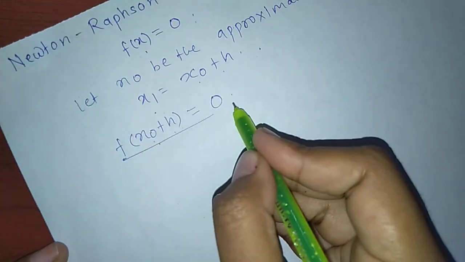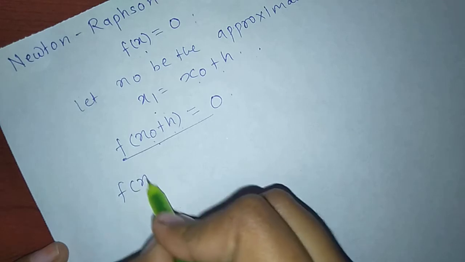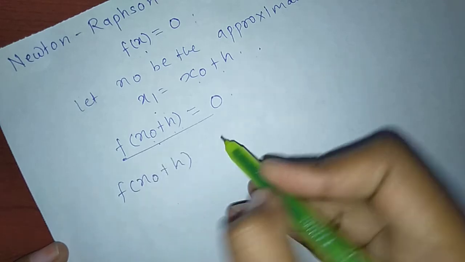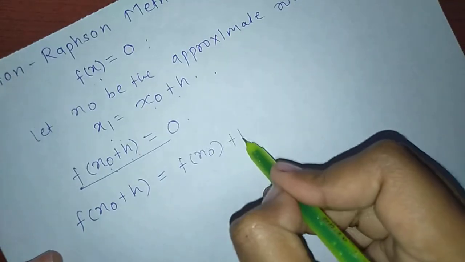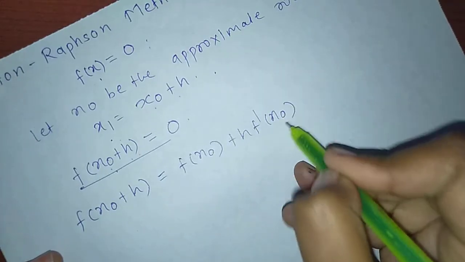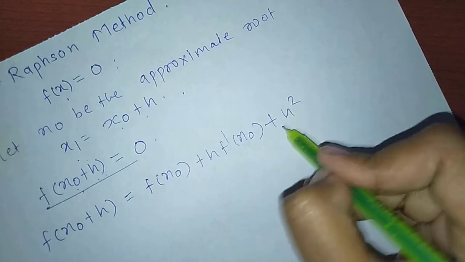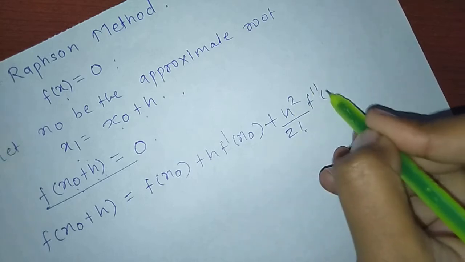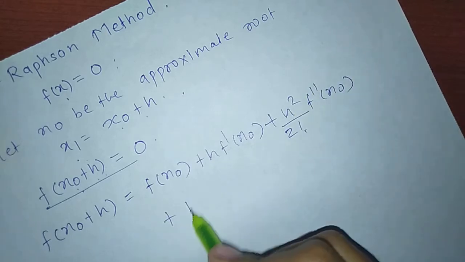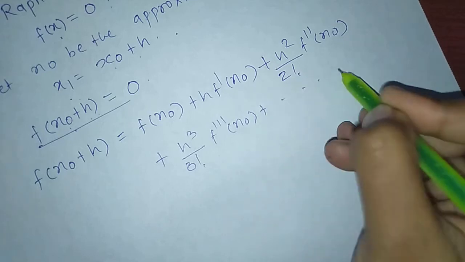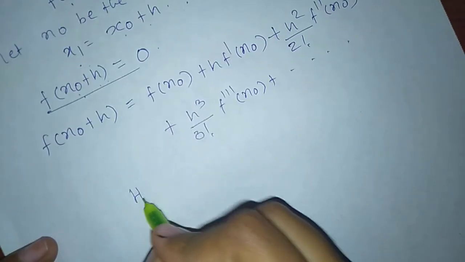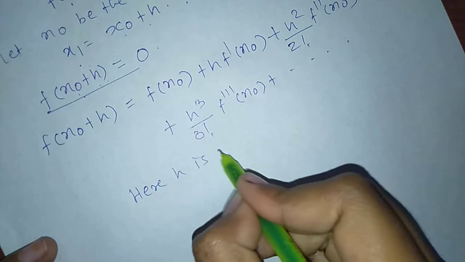By using the Taylor series, f of x naught plus h equals f of x naught plus h f dash of x naught plus h square upon 2 factorial f double dash of x naught plus h cube upon 3 factorial f triple dash of x naught plus and so on.